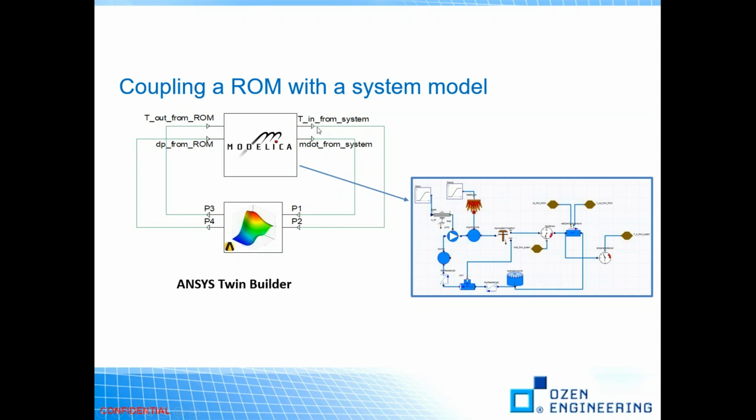There's T in from the system, a temperature from the system that brings data into the ROM through this port, and the ROM outputs the temperature out. We also have the DP out from the ROM, and on the input side, M dot from system. I'm not sure what these two stand for, but just consider them another input and output. So the simple idea is here.